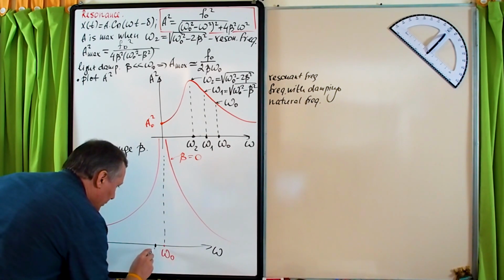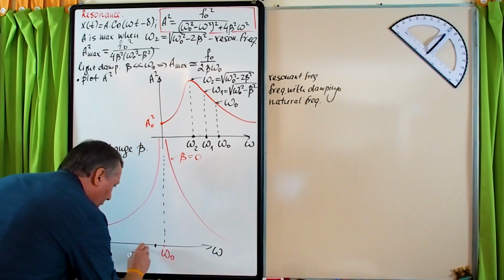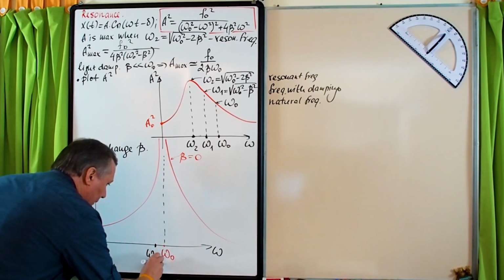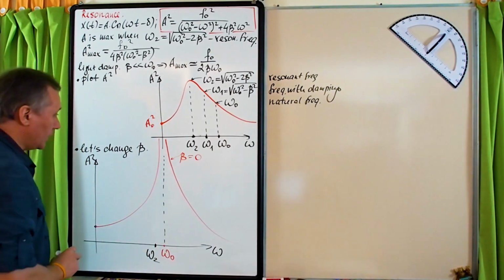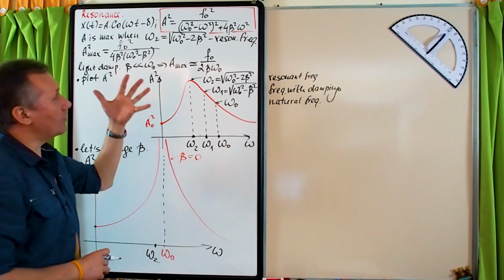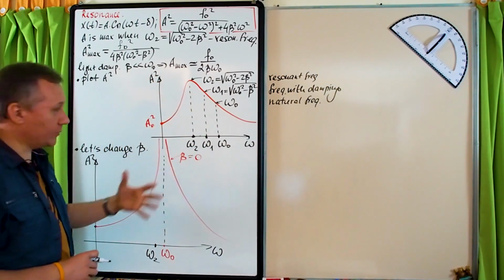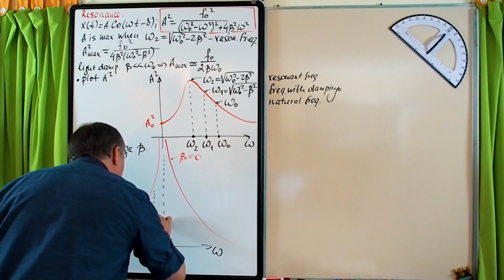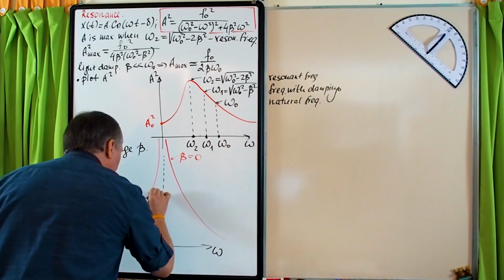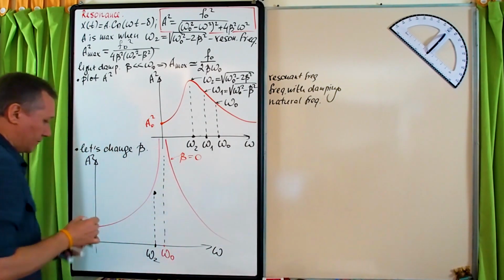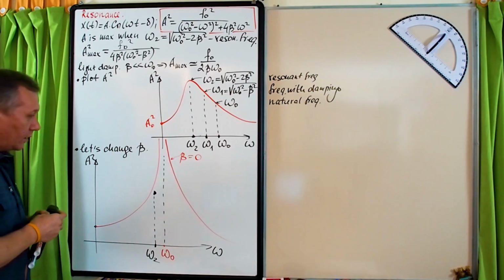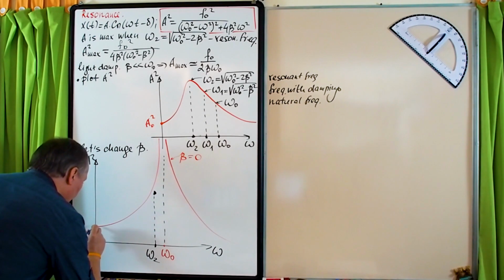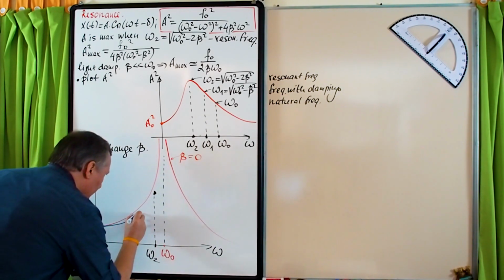So let's say this will be omega 2, which is of course smaller, and of course now the amplitude will be finite. Maybe it will be here somewhere. And if we plot it now, it will be something like this.